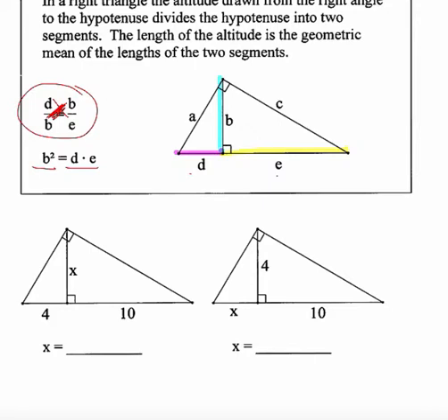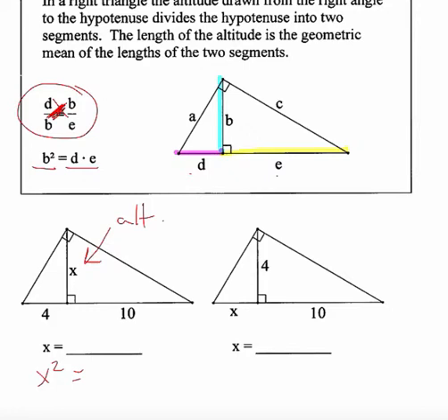In our first example, we have to identify which of these three things is the altitude. Well, X is the line that's being drawn from a vertex to the opposite side. So that's my altitude. So this theorem says the altitude squared, so X squared, should equal the two parts that it created multiplied together.